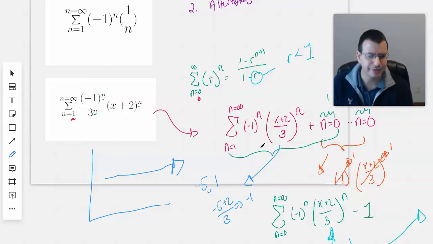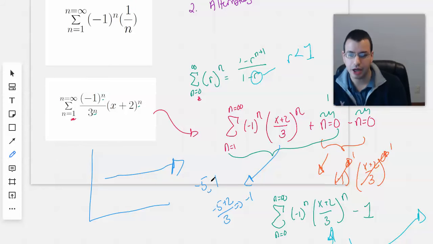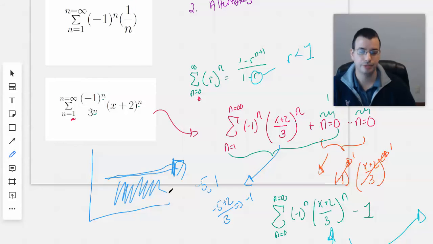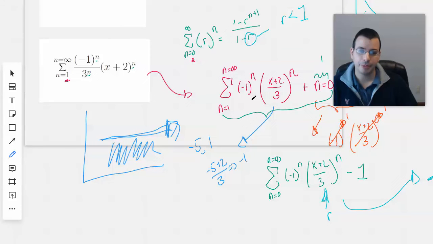It would stay at negative 1, so it would go straight. And that would provide an infinite amount of area underneath, so that would not work.